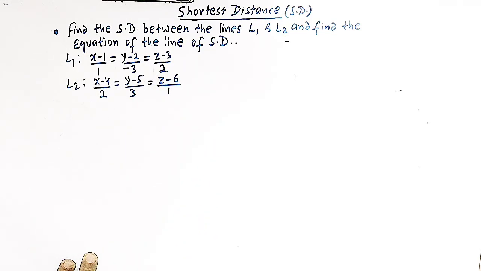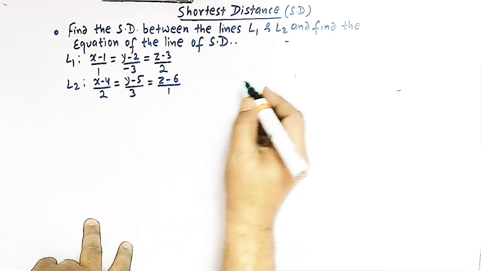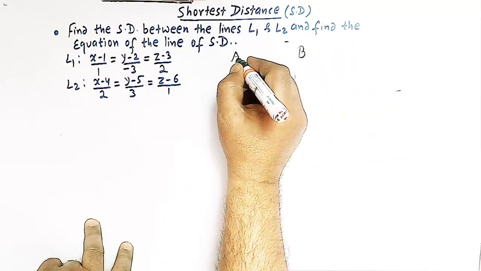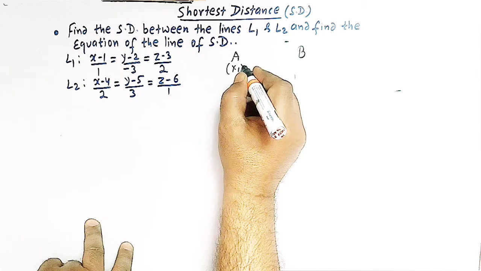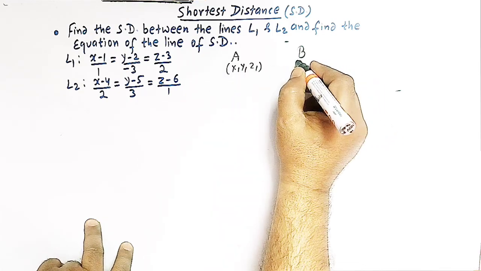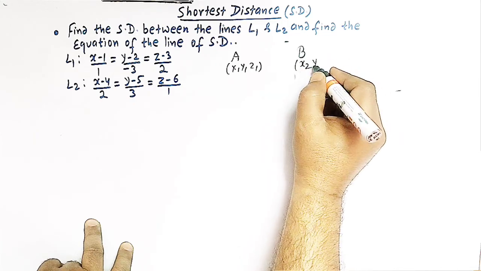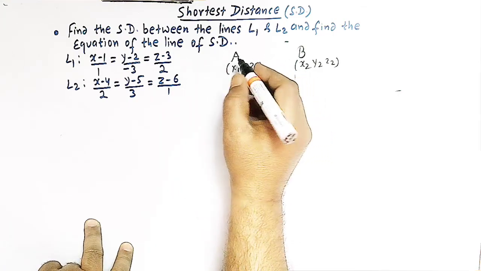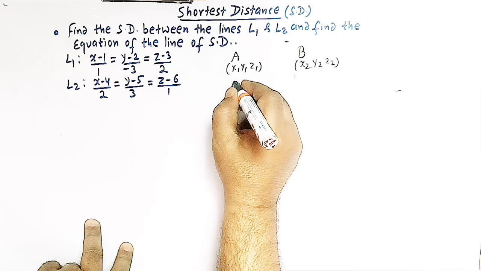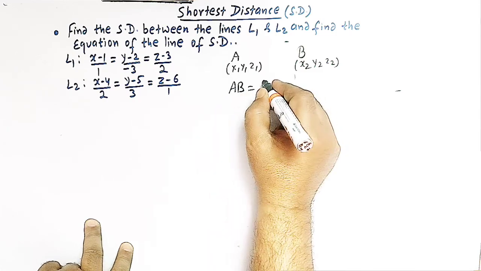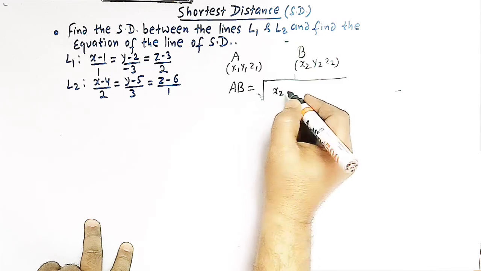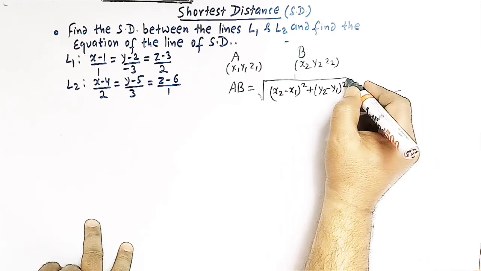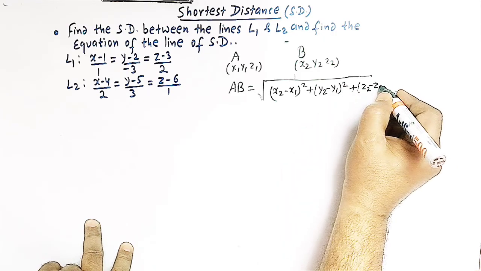to find the shortest distance between these two non-coplanar lines. In three-dimensional geometry, if we have two points A and B, where the coordinates of A are x1, y1, z1 and the coordinates of B are x2, y2, z2, then according to the distance formula, the distance between A and B is the square root of (x2 minus x1) square plus (y2 minus y1) square plus (z2 minus z1) square.